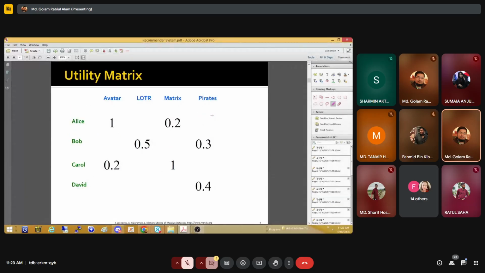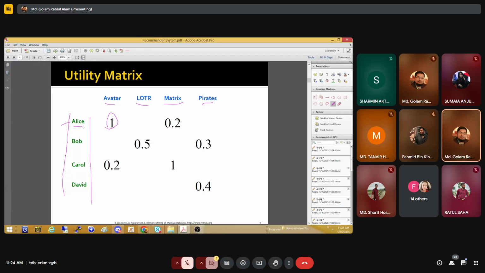Here is a utility matrix. There are Alice, Bob, Carol, and David. Those are the users, the customers. And there are several movies: Avatar, LOTR, Matrix, and Pirates. The rating of Alice for Avatar is 1.